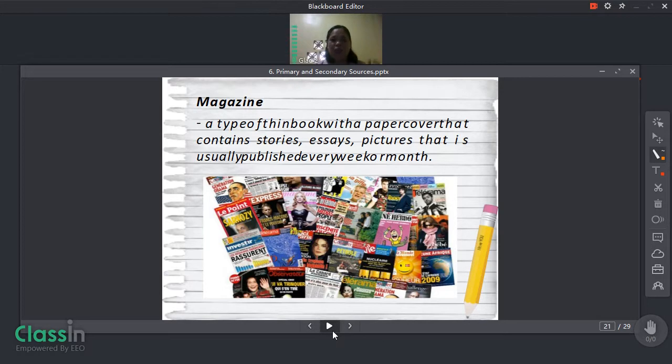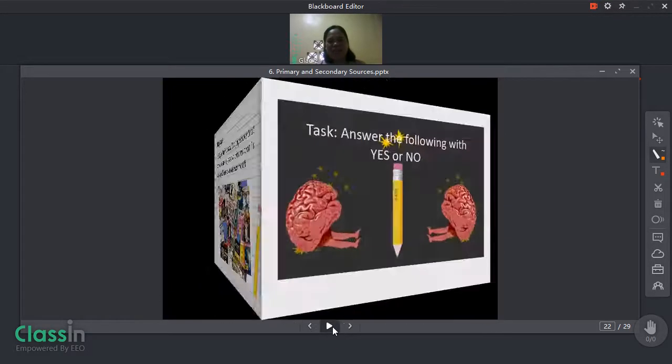They are both similar in a way that they are both sources of information. But they differ in such a way that primary is a first-hand account of information, unlike the secondary, the second account of information.